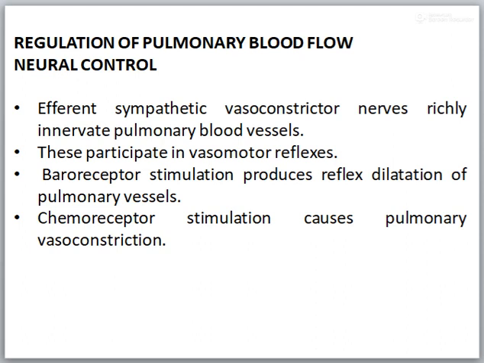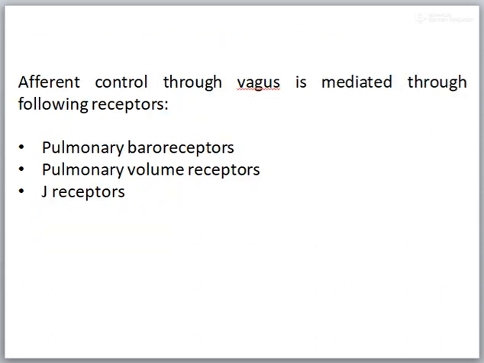It means that they only show an increase in activity when stimulated. They participate in the vasomotor reflexes. Baroreceptor stimulation produces reflex dilatation of the pulmonary vessel and chemoreceptor stimulation causes pulmonary vasoconstriction.